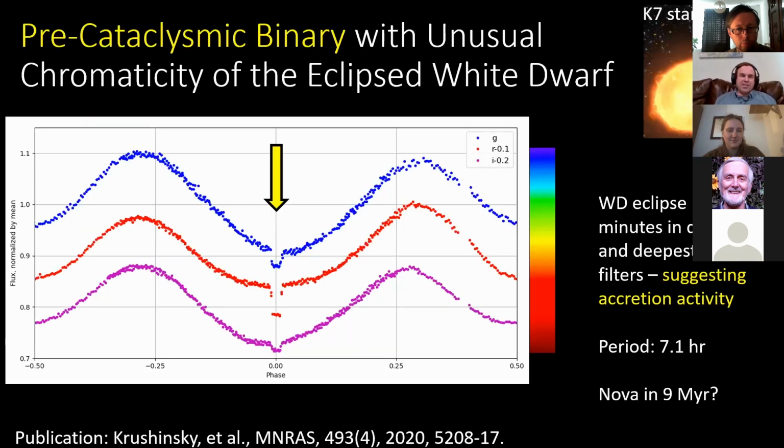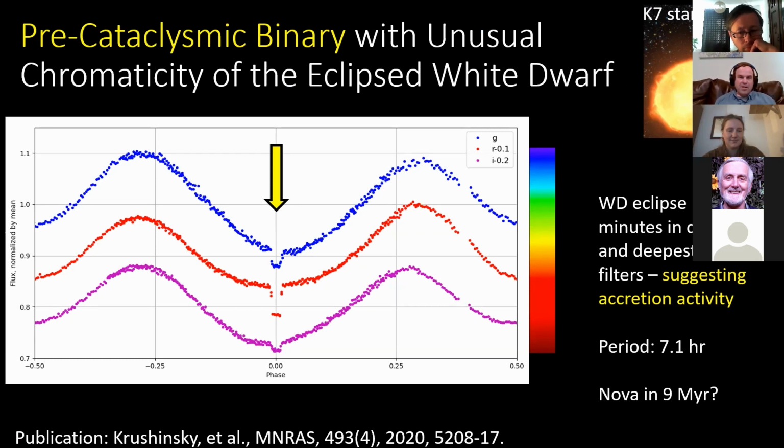The third interesting discovery, and I call this kind of a fun star, is a pre-cataclysmic binary, where it's a K star. That's a small K star that has a white dwarf companion that's orbiting very quickly. It orbits every 7 hours or so.